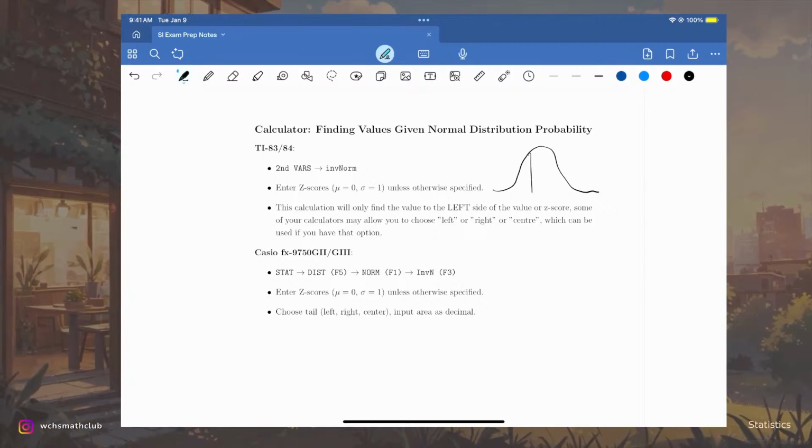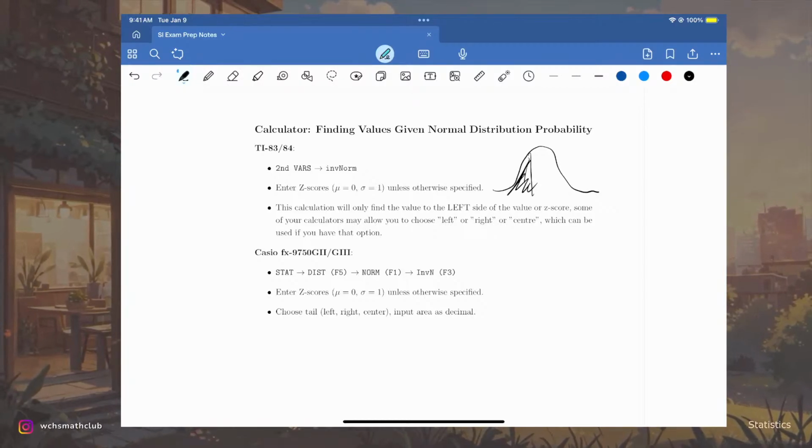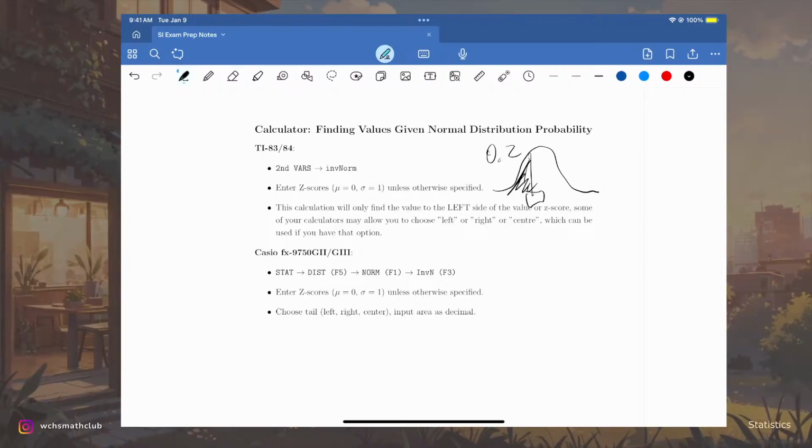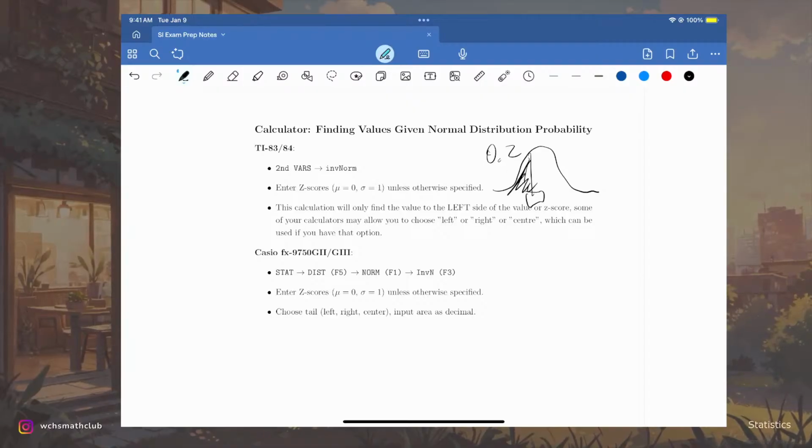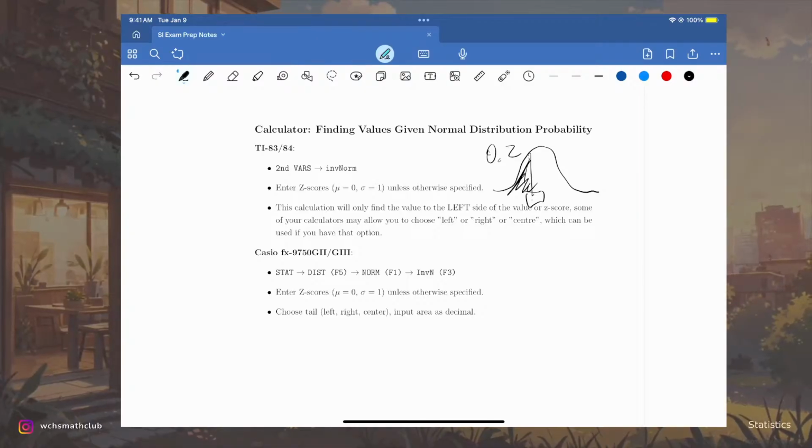Let's say you're given this area is equal to 0.2. The probability of something lying under this value is 0.2. That'd be the area that you input. And then you have your mean that's given and a deviation that's given. And then when you calculate this, you'll be able to find what this value is such that the area is 0.2.